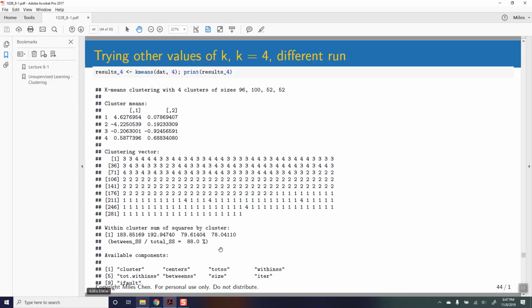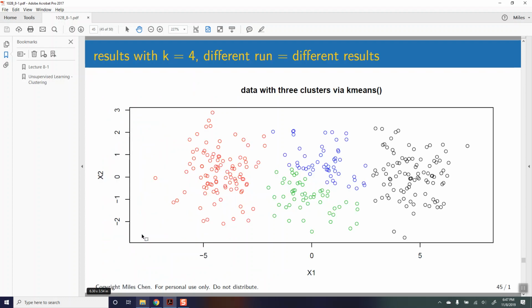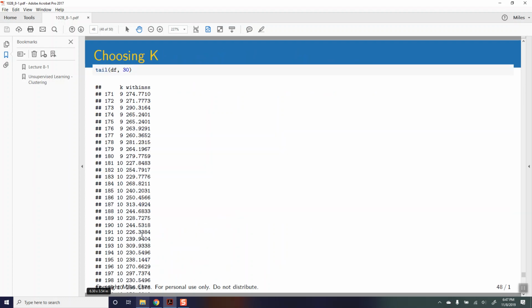The within sum of squares is just the sum of the squared distances inside a cluster, right? Generally that number will keep going down every time you add more clusters to search for.